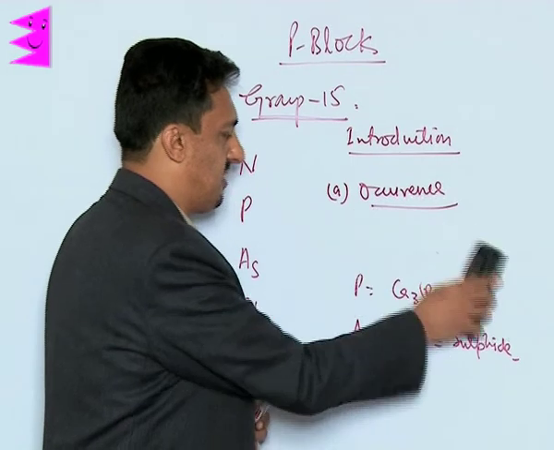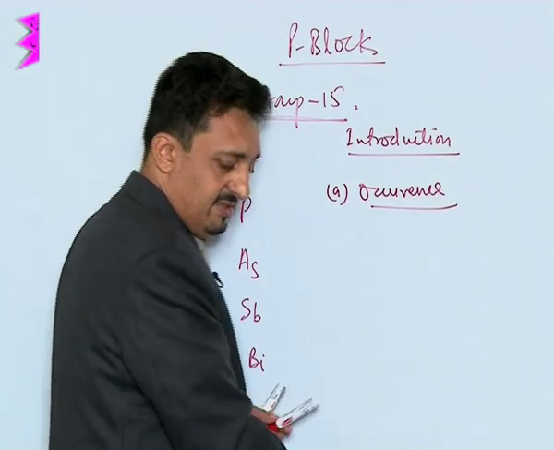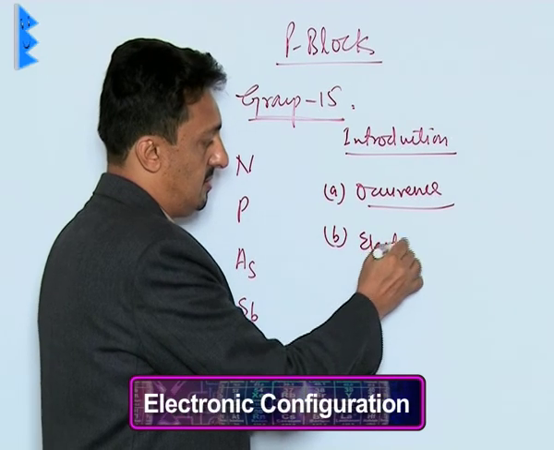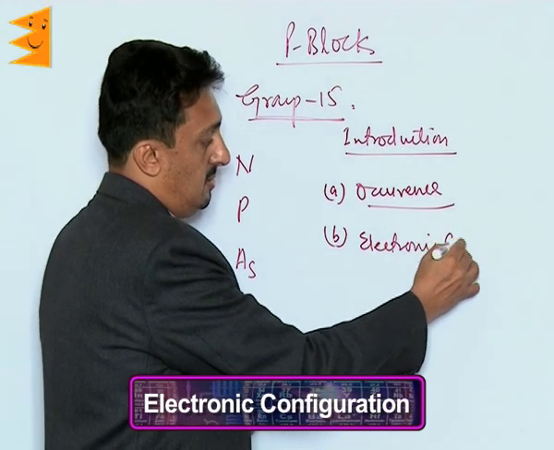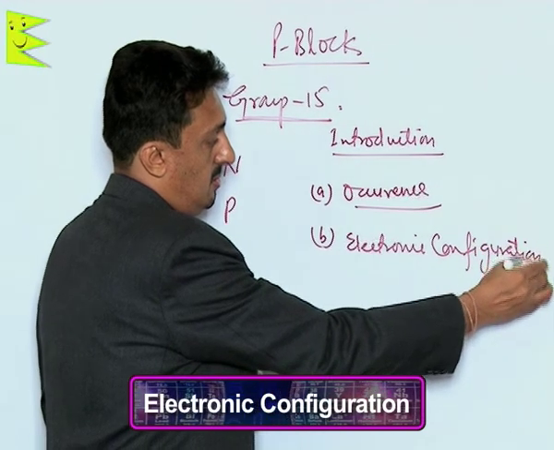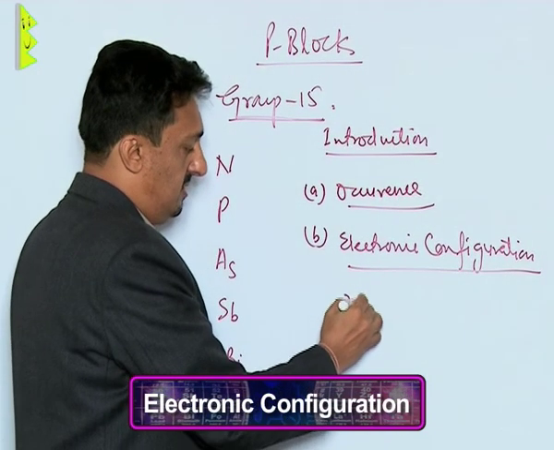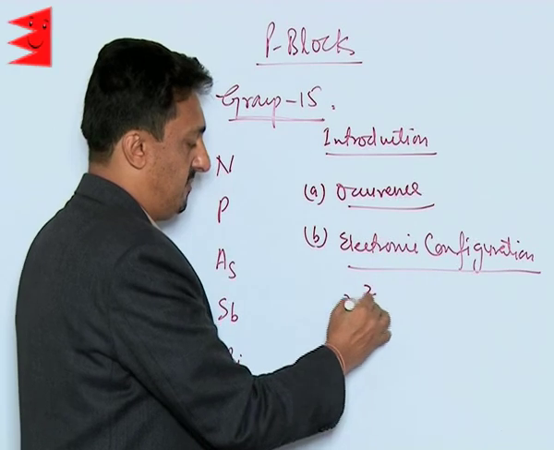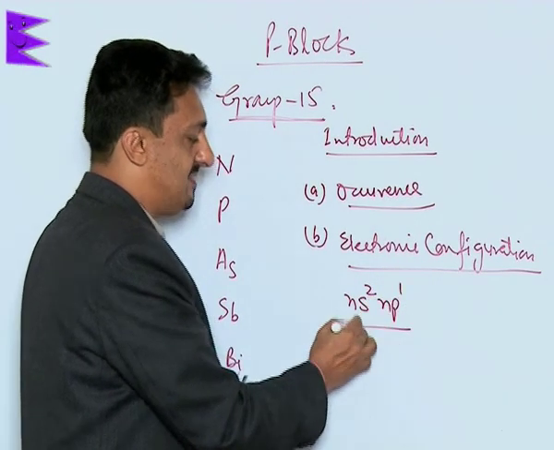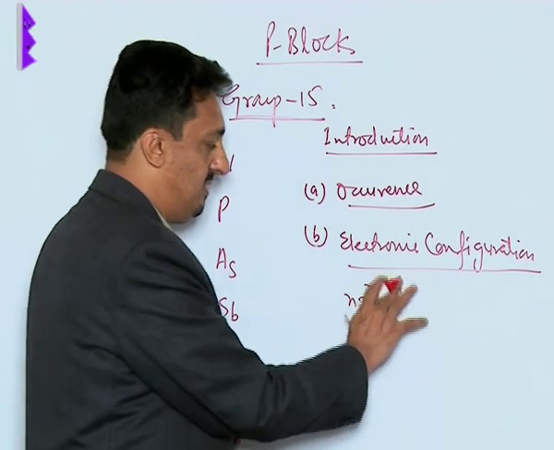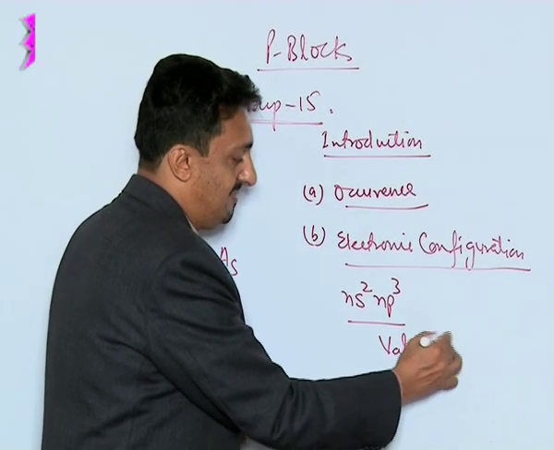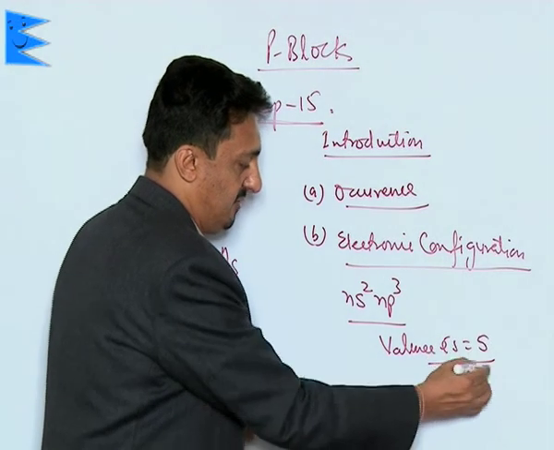Now, after the occurrence, let us do their electronic configuration. The general electronic configuration of this group is ns2 np3. So the valence electrons they are having here are 5.